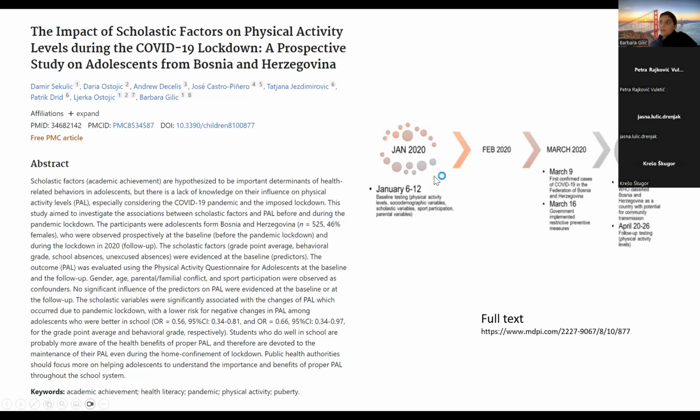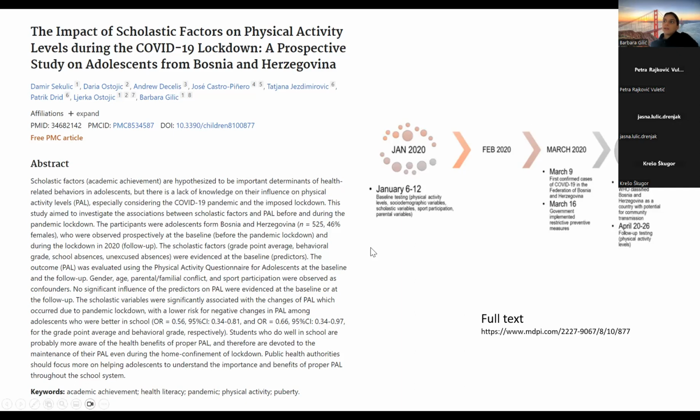So in the first testing point, we managed to collect a larger number of variables, while in the second testing phase, we managed to collect only physical activity levels, but we conducted correlation analysis between the initial and the second testing point, and that was the main research goal of our study, to see how those variables which were connected before the study affected the physical activity levels during the COVID-19 lockdown.